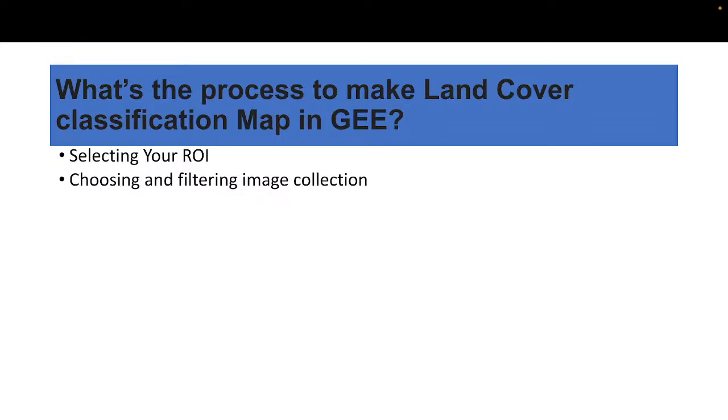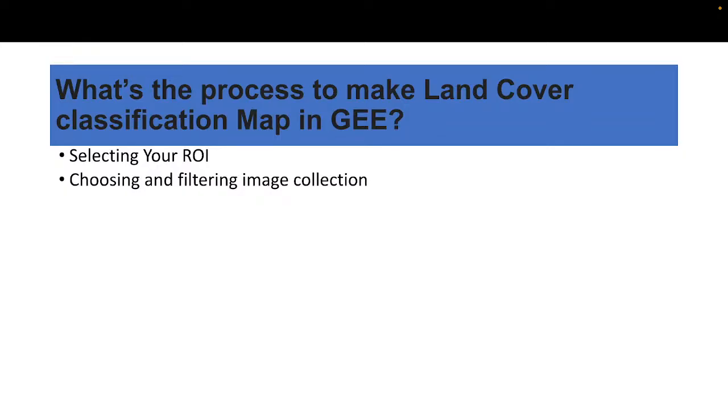When you apply Landsat, we get 30-meter resolution, and when you apply Sentinel, we get 10-meter resolution for our land use land cover classification map, because Sentinel has higher resolution than Landsat. But Landsat is available from a very early time: we can find Landsat satellite imagery from 1973, while Sentinel is available from 2015 or 2017.